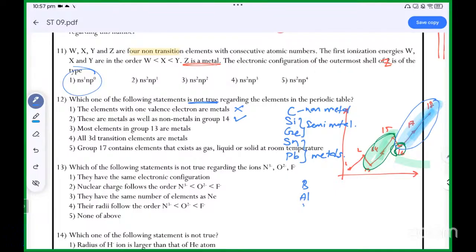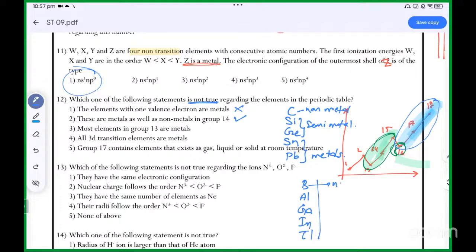Gallium, indium, and thallium. Thank you. So these are the elements in the 13th group.